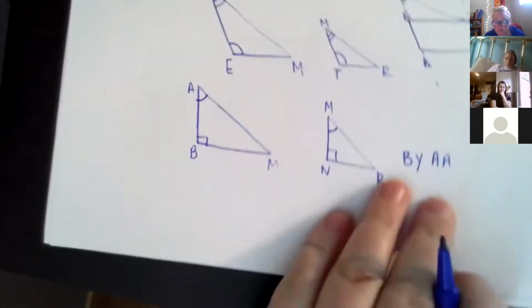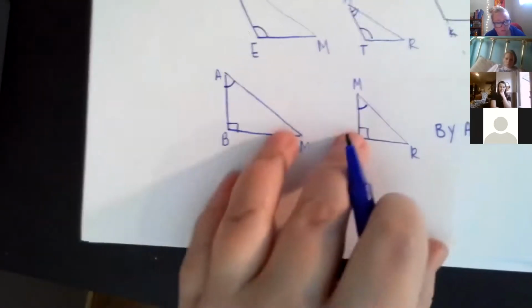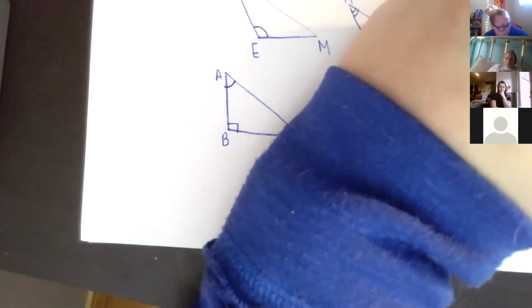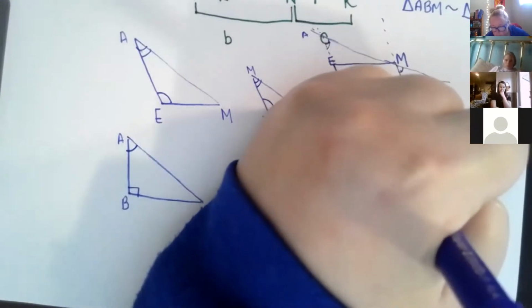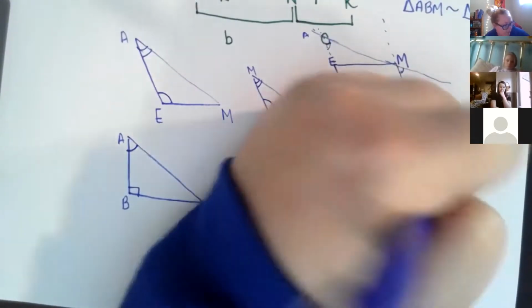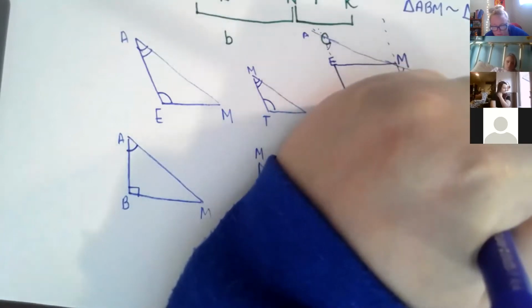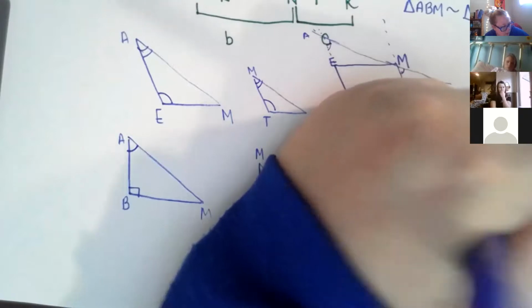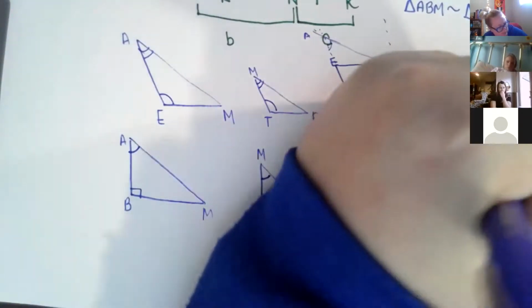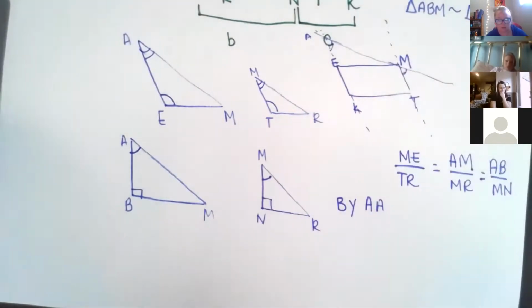So now they are saying that we can use this information that ME to TR is going to be the same as AM to MR, which is equal to AB to MN.